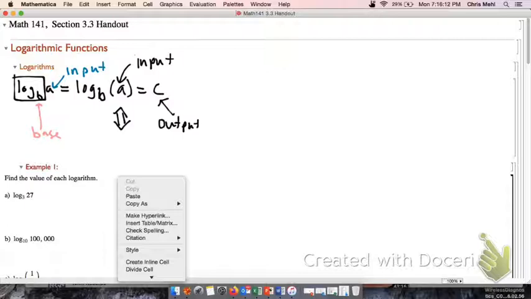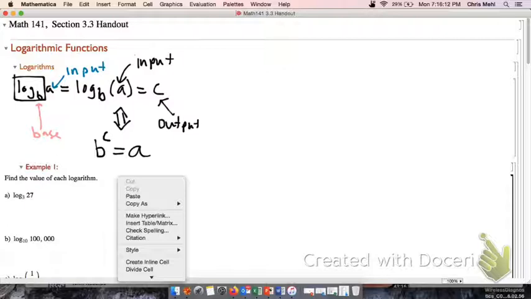Now, if you think about swapping inputs and outputs, log base b is really the inverse of the exponential base b. So log base b of a equals c precisely when you raise the base b to the c power, you get the number a back. I'll talk about this more precisely again later. This fact will be used over and over again. So log base b of a equals c whenever the base b raised to the c power equals a.